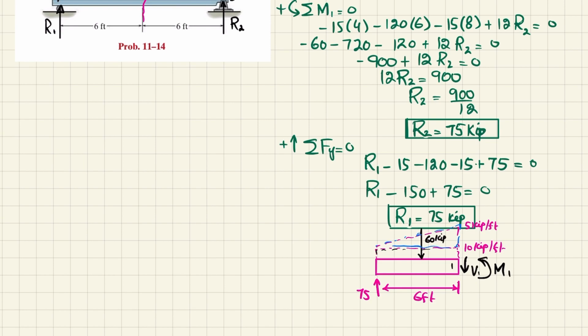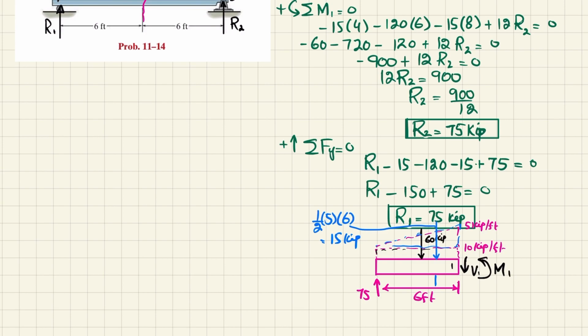And when you convert this uniformly increasing load into a point load, this load will be equal to 1 over 2 times 5 multiplied by 6, which is equal to 15 kips, and that will act at a distance of L by 3.